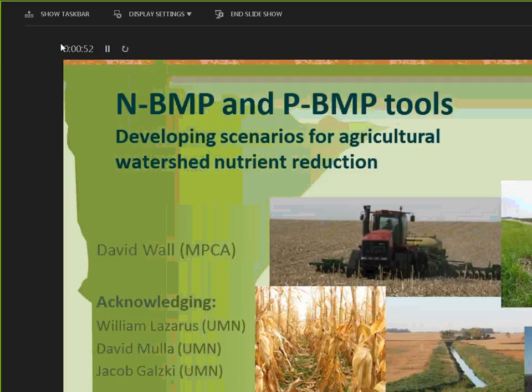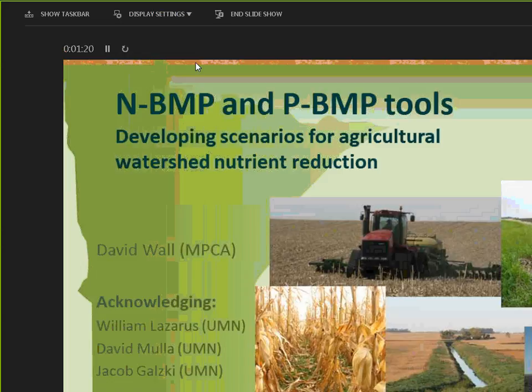And when we were then working with Wayne Anderson and others on the nutrient reduction strategy, we also needed something for phosphorus. So then we went back to the university and said, can we develop a tool like this for phosphorus? And so that would be the P-BMP tool, which came after the nitrogen. And now they combine them, so we do have a version of this where they're both combined on the same spreadsheet.